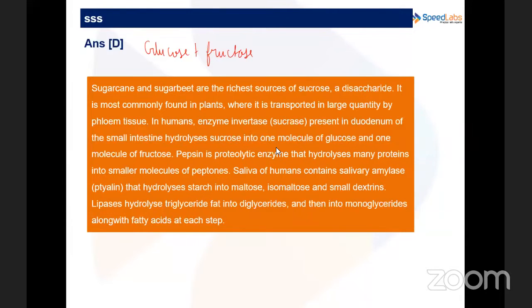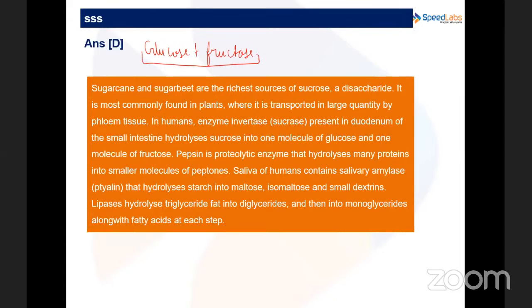It is by the enzyme invertase, present in the duodenum of the small intestine. It hydrolyzes sucrose into one molecule of glucose plus fructose. So that's clear with the sucrose.